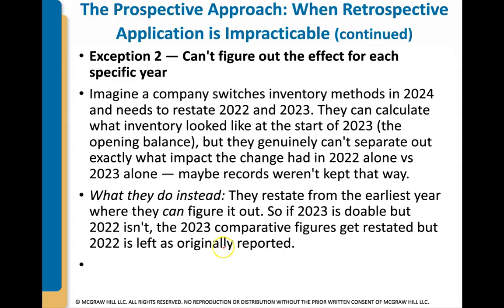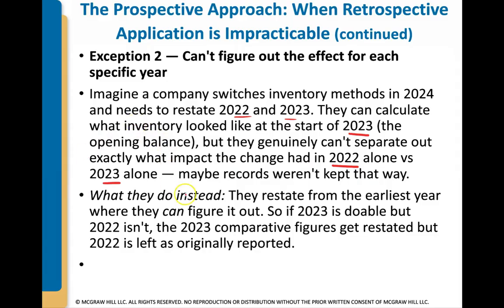So let's go through an example. Imagine a company switches inventory methods in 2024 and needs to restate the prior 2 years, 2022 and 2023. They're able to calculate what inventory would be at the start of 2023, which is the opening balance, but they cannot break out what the balance would be in 2022 versus 2023, because there are no records.